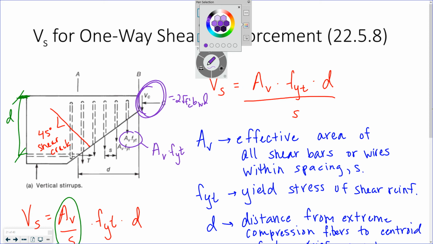And it's over a distance d at a spacing of s. That's where they get this formula: A_v over s times a length d.